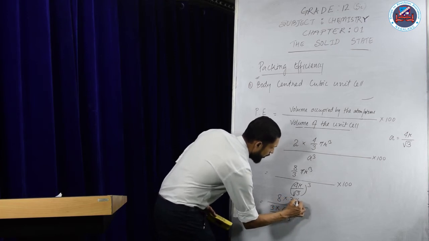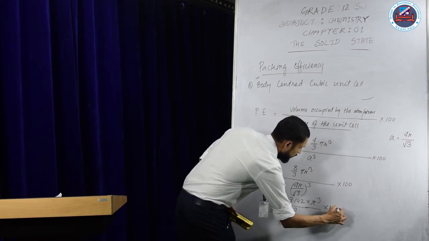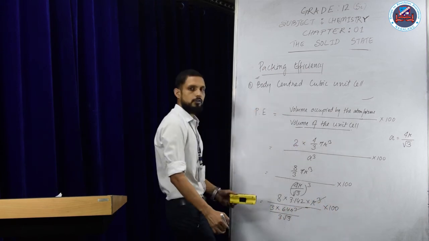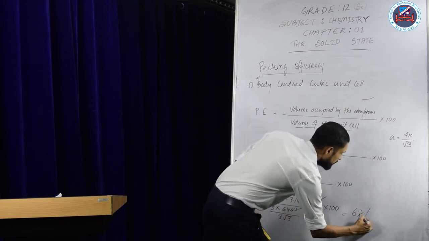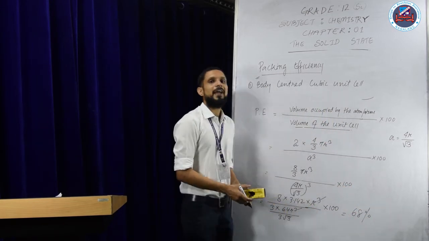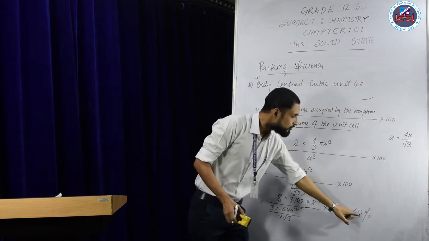Pi is 3.142 multiplied by r cube multiplied by 100. So r cube cancels. If you simplify, you'll get 68%. So the packing efficiency of body-centered cubic unit cell is 68%.